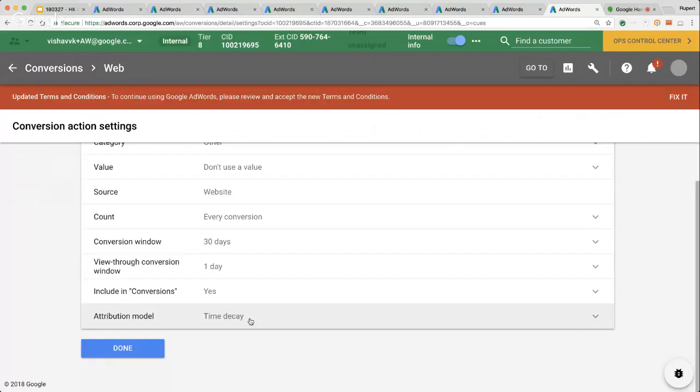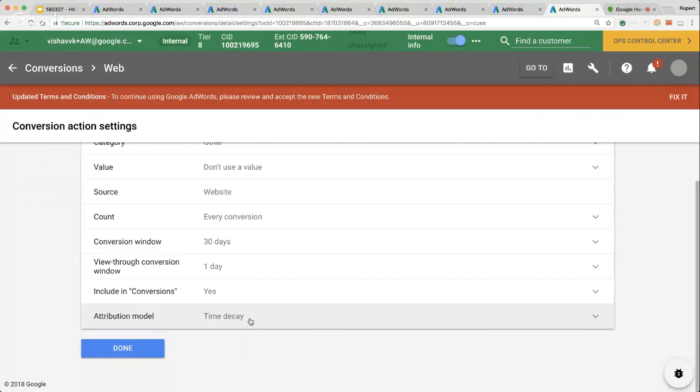For the upcoming data, you will start seeing conversion numbers in decimals, because it will start to distribute the conversion credit. So don't be surprised if you start seeing 5.3 conversions, 4.7 conversions. But this will definitely help you better optimize your search campaign by changing to a non-last click model.